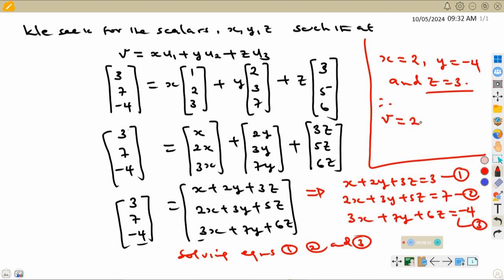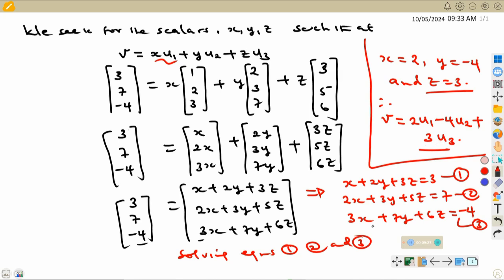For x, that is 2u1, y is negative 4, so it will be minus 4u2, then z will be 3, so it will be plus 3u3. So writing this, we shall have shown that v is a linear combination of u1, u2, and u3.